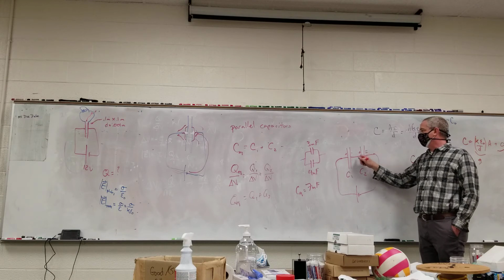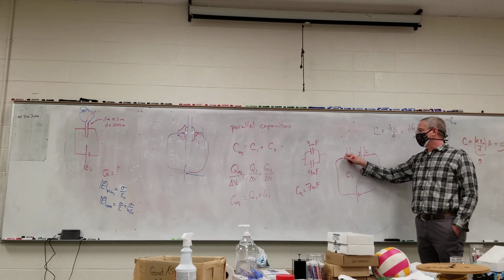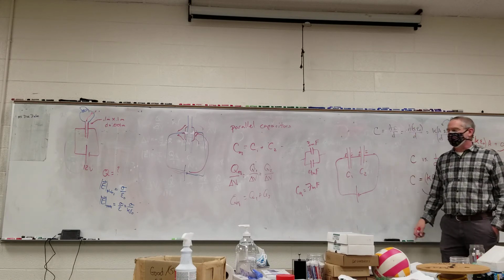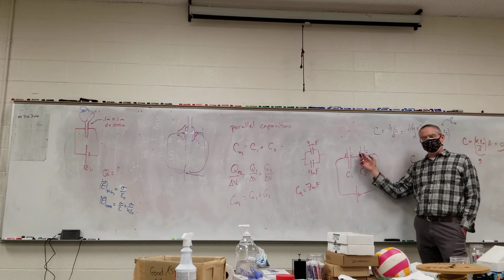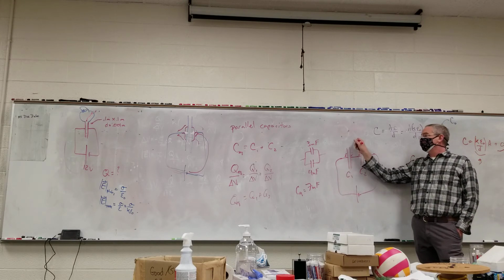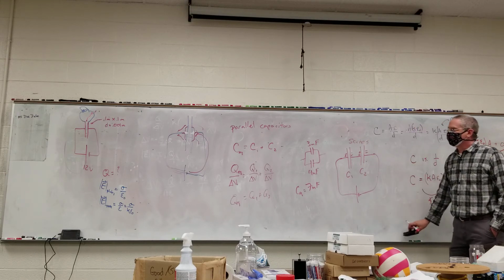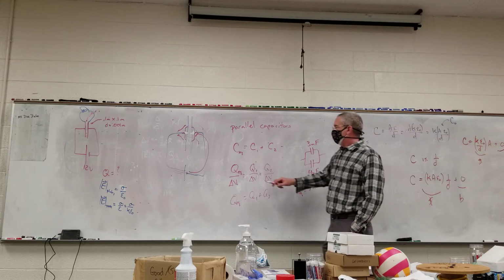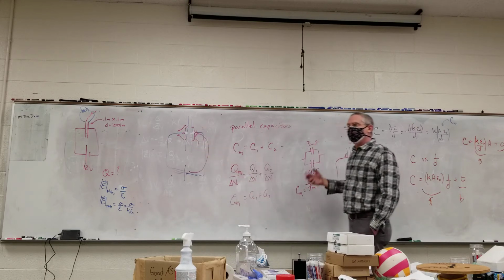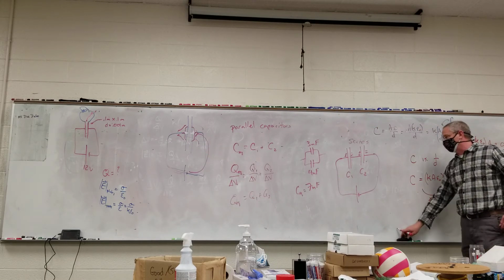Then I put another one here, chase one off, put another one here, chase one off. In other words, if these connected, there's only one path for the current to flow, that's series. So over there, the voltage was the same across both, but over here, it's the charge that's the same across both.